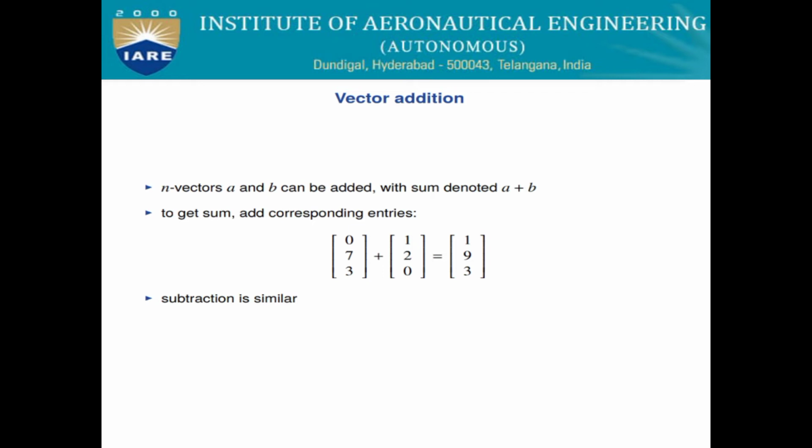For example, given the vectors 0 7 3 and 1 2 0, the sum is 0 plus 1 equals 1, 7 plus 2 equals 9, 3 plus 0 equals 3. So this is the result. Subtraction is similar.